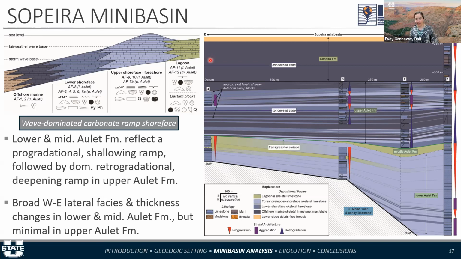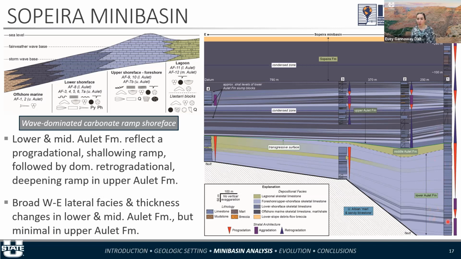With that in mind, we can pick out a few general trends. First, we take a look at the lower Aulet. And before I get too far, the darker the blue, the deeper the water on this fence diagram. So lighter blue, shallower water, and then green is our lagoonal facies.